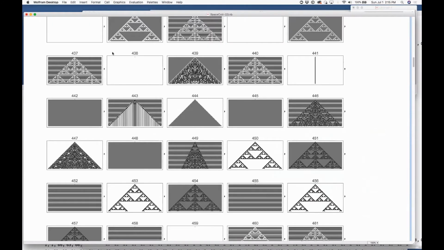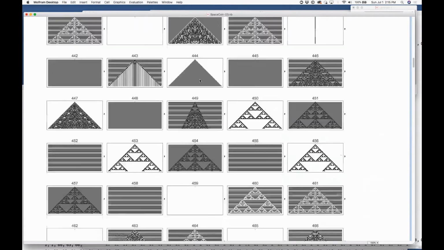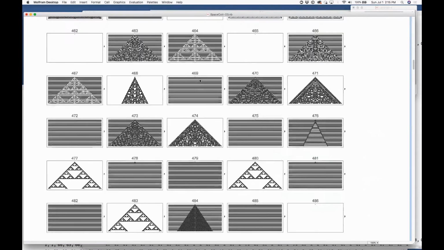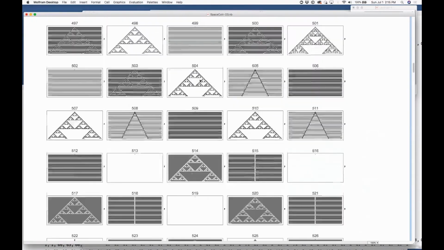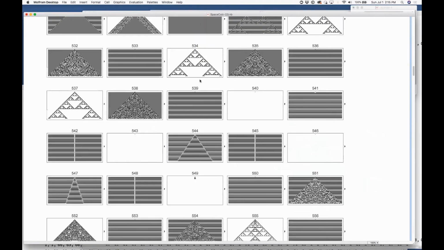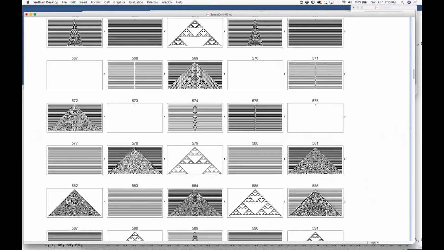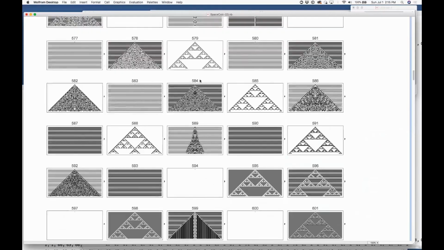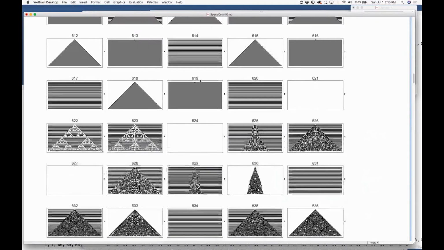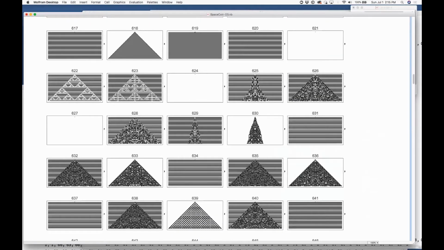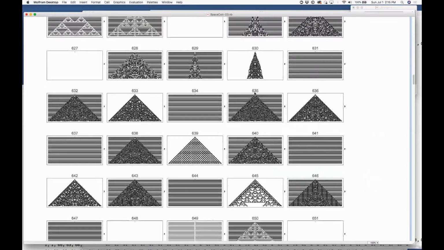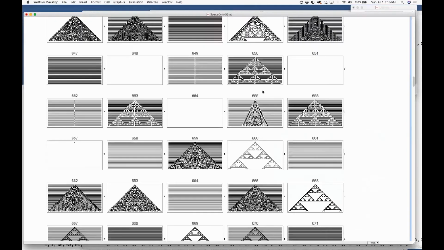It's hard to tell sometimes, because when you go to larger scales, things which looked completely uniform here end up getting interesting. So let's do a quick scan through here. Again, 625 turned out to be boring. 630 turned out to be boring.